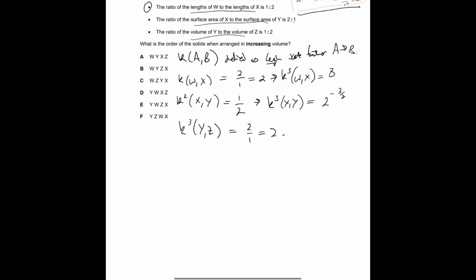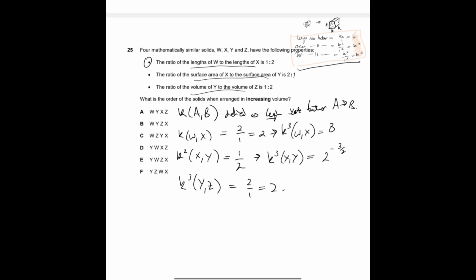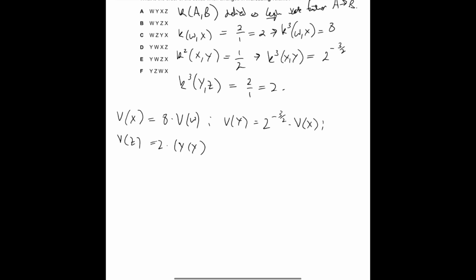So what that means is the volume of X is 8 times the volume of W, and the volume of Y is 2 to the minus 3 over 2 times the volume of X, and the volume of Z is going to be 2 times the volume of Y. So we can get everything in terms of the volume of W. We've already got Vx in terms of Vw.